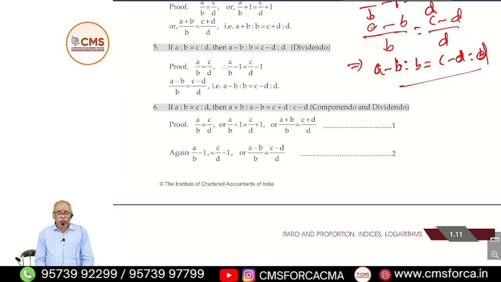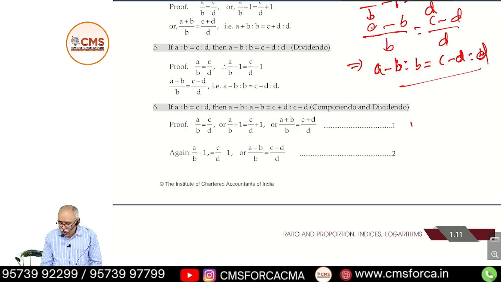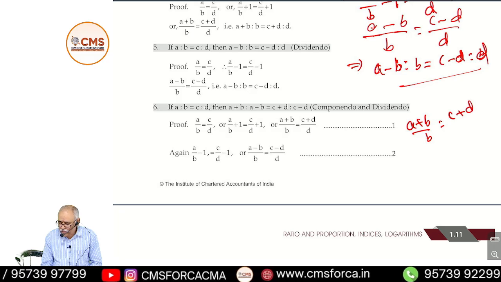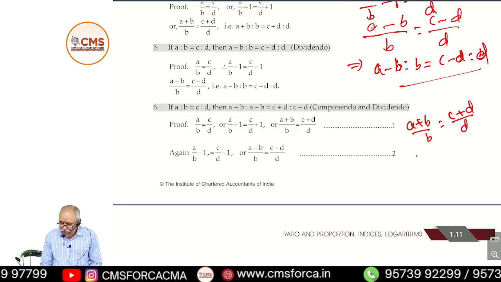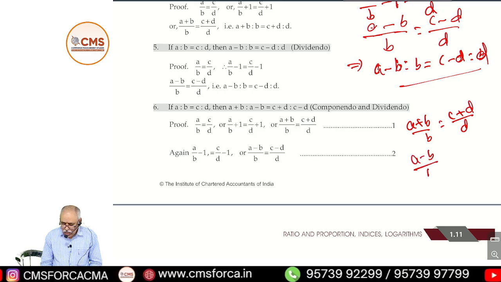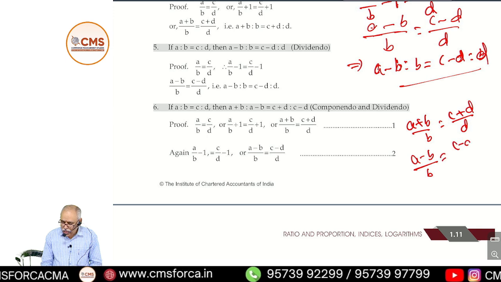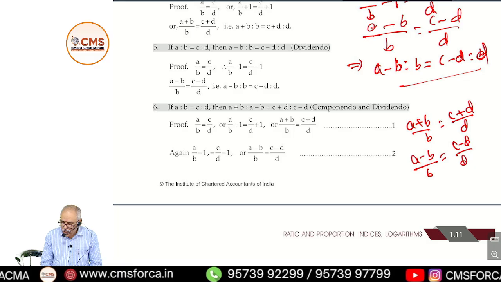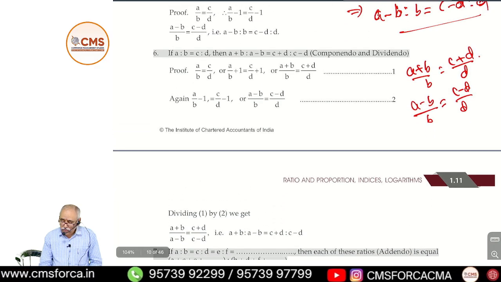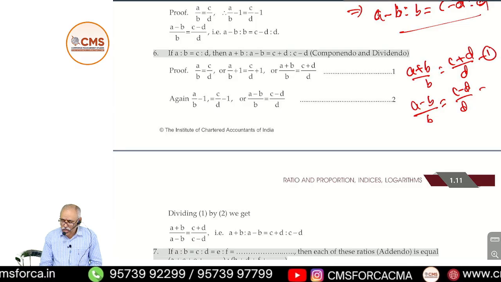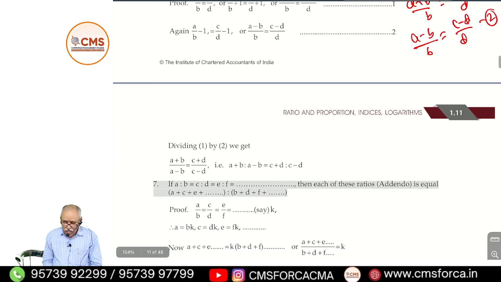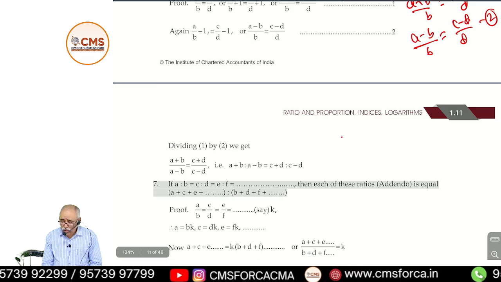If you apply both componendo and dividendo together, what can we write? From componendo we got A plus B by B equal to C plus D by D. From dividendo we got A minus B by B equal to C minus D by D. Now what we have to do is divide. Say the first one is equation 1 and the second is equation 2. Dividing equation 1 by equation 2, what will you get?